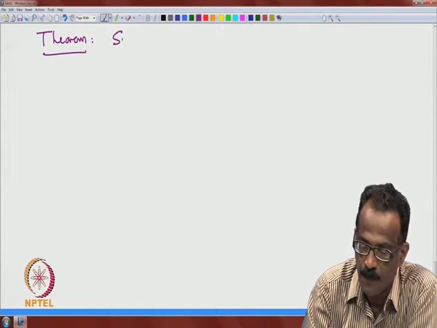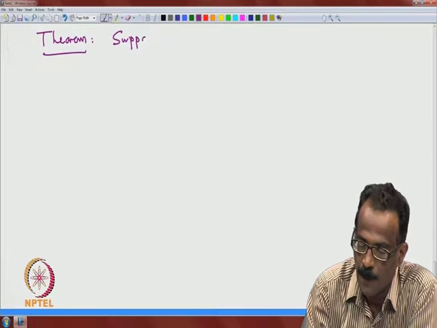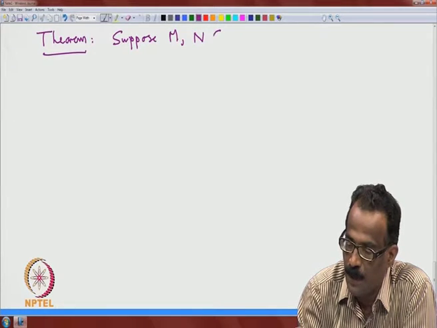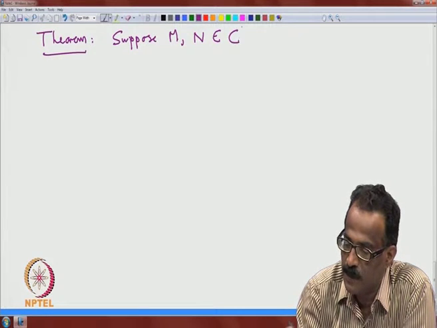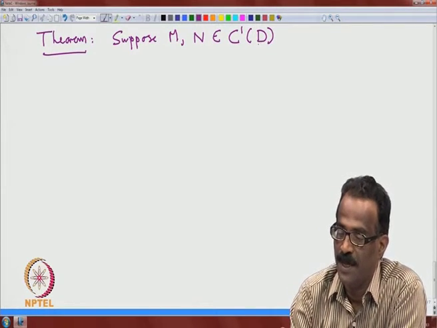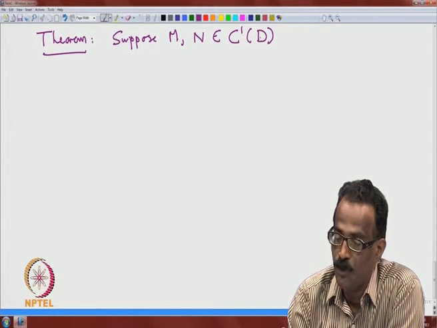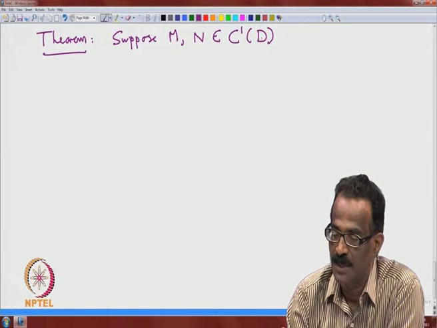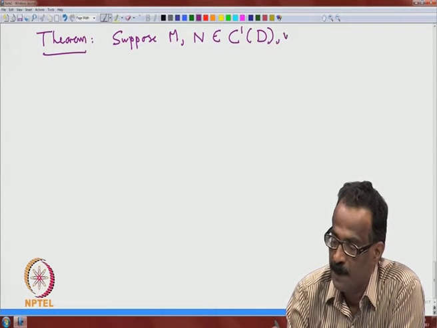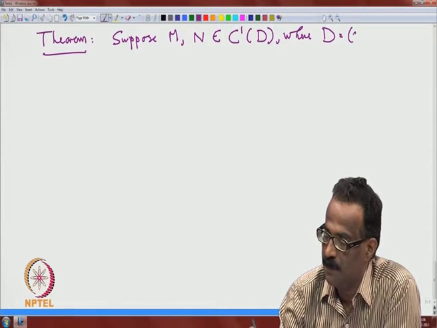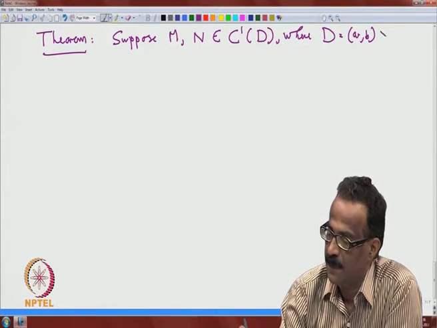Suppose M, N belong to C1 of D, which is the notation for continuously differentiable functions, in a domain D, where D is a rectangle in the t y plane, (a,b) cross (c,d).